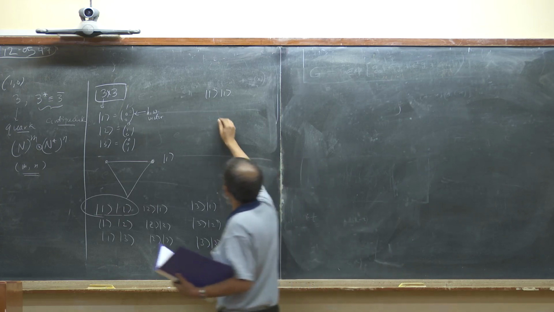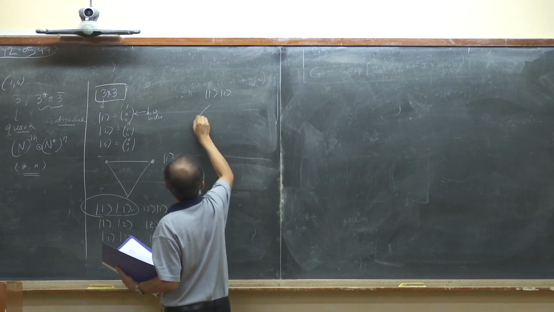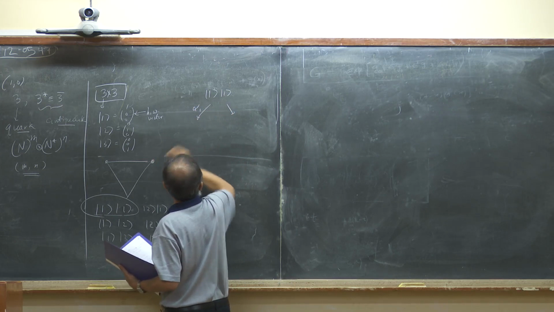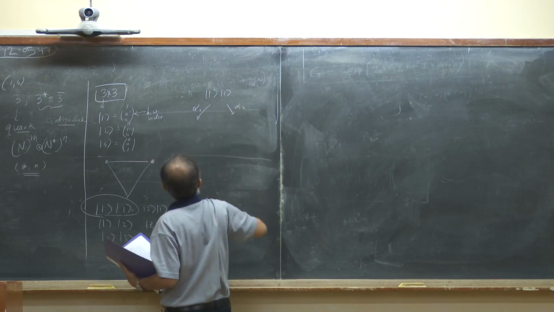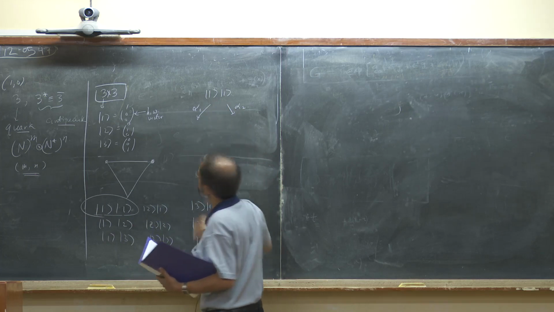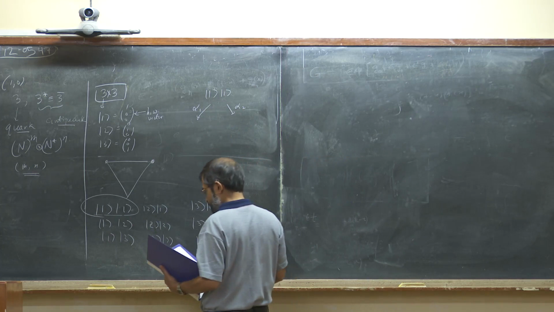So this is my drawing. Alpha 1 will go this way, and alpha 2 will go this way. Now this one will give you 0, so it will not lead you anywhere.